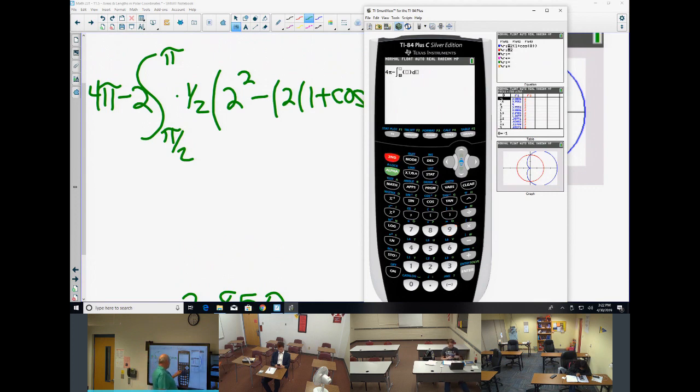So from pi halves to pi, okay, and then I've got 2 squared minus parentheses 2 parentheses 1 plus cosine theta, close the 1 plus cosine theta, close the 2, squared, and close the integrand, and then d theta.